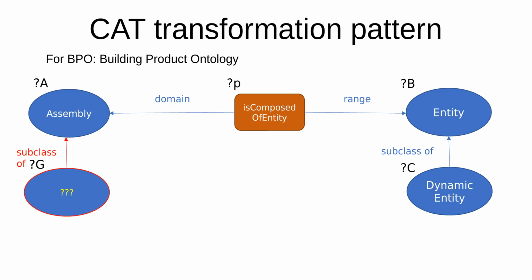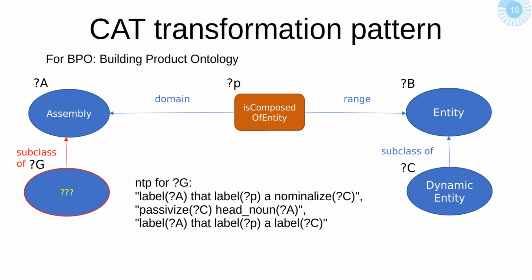Based on this, we can create new subclass or subclasses, depending on how many pattern instances we can find and select from the ontology. So we can generate some new subclasses using this transformation pattern.